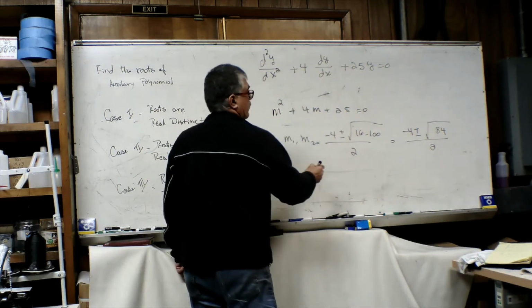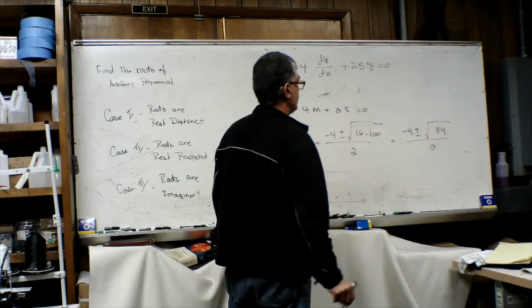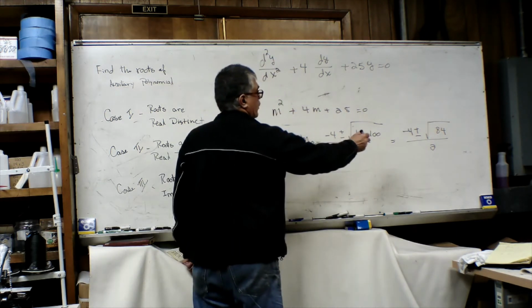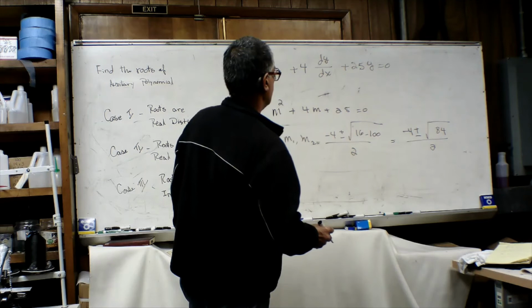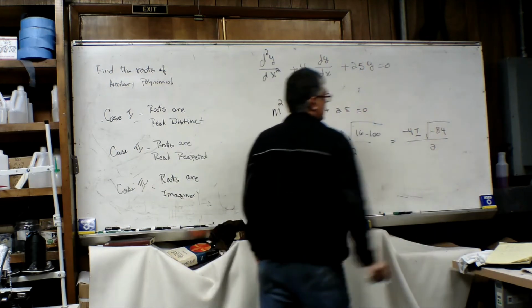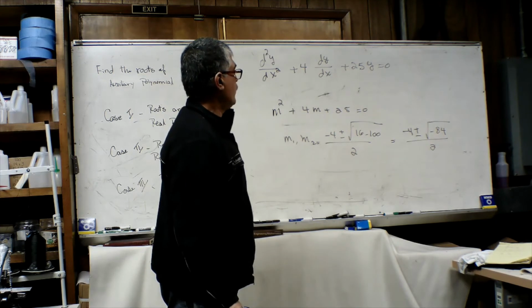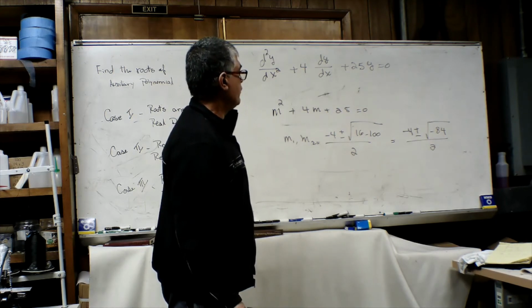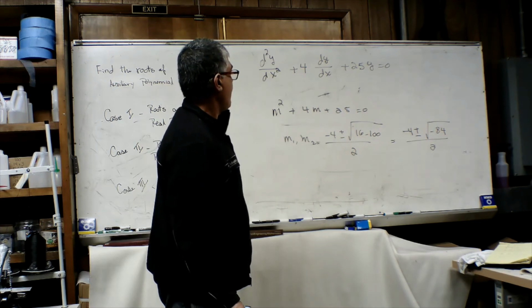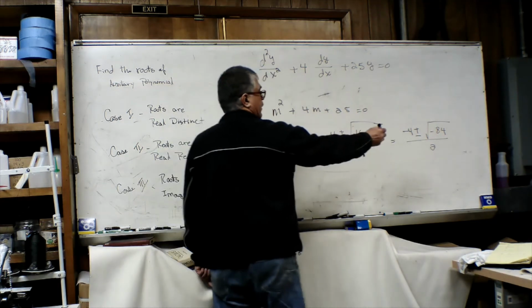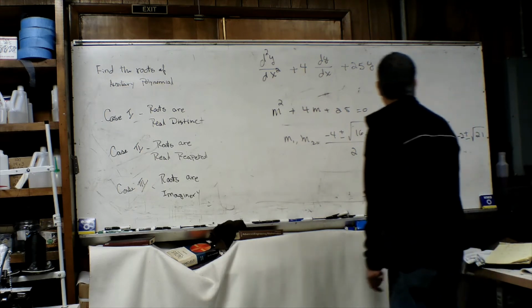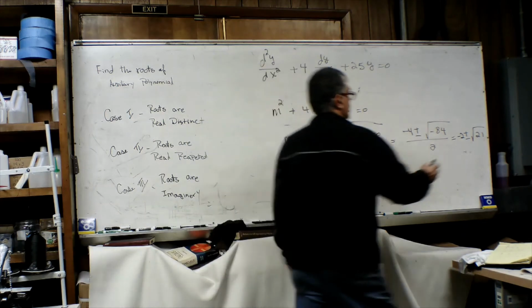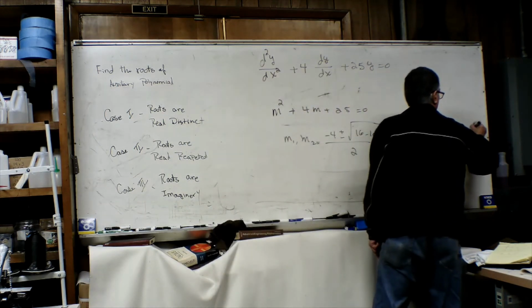So this will be equal to minus 2 plus or minus the square root of 21 times i.